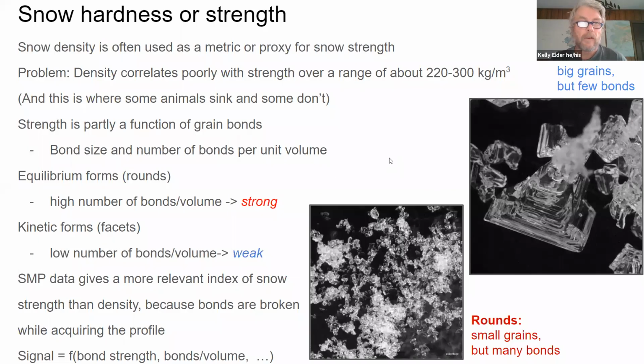And just a quick summary of this, to take this into the hardness realm instead of the density realm, we did have some hardness type data. The problem with density is it correlates poorly with strength through the range that we're interested in, which is very typical in the Rocky Mountain Cordillera on a seasonal basis, and also typical of a lot of the predator prey habitats that we're interested in.